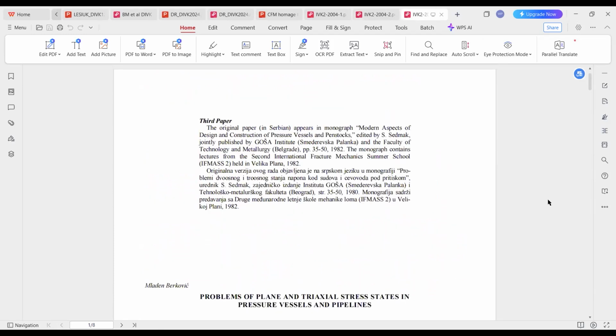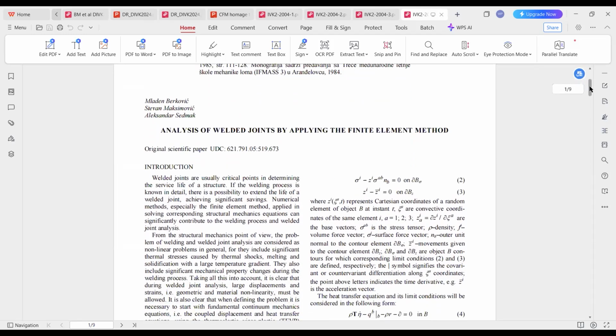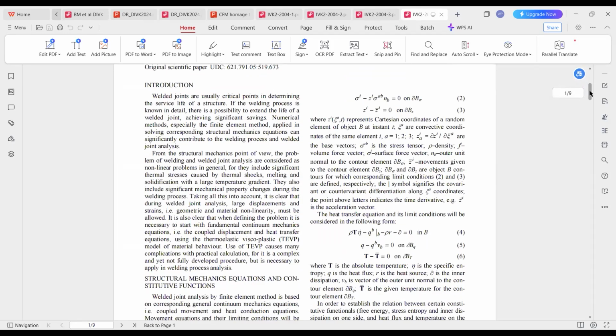1984 was about problems of plane and triaxial states, something a bit similar to what Bojan Međa presented. Then there was a very important paper on welded joints with relatively complex continuum mechanics.